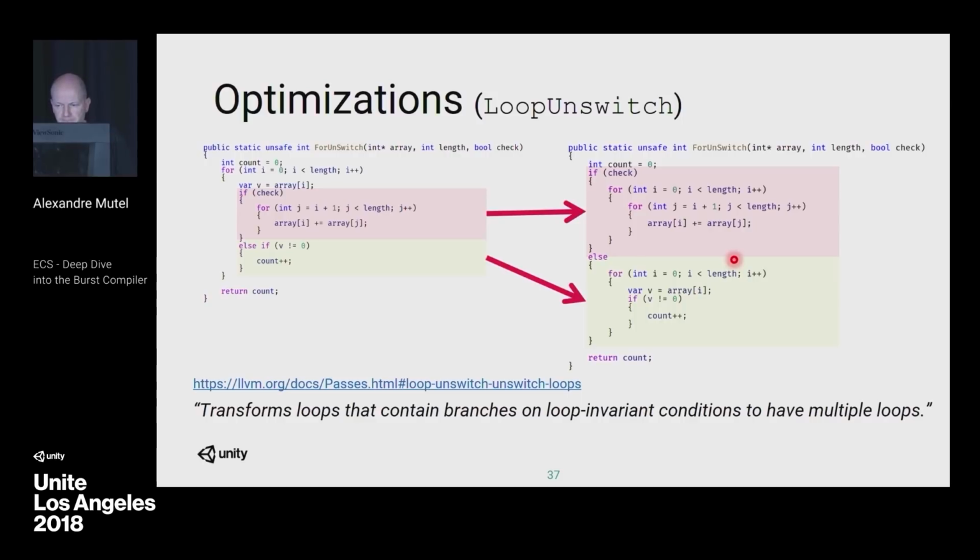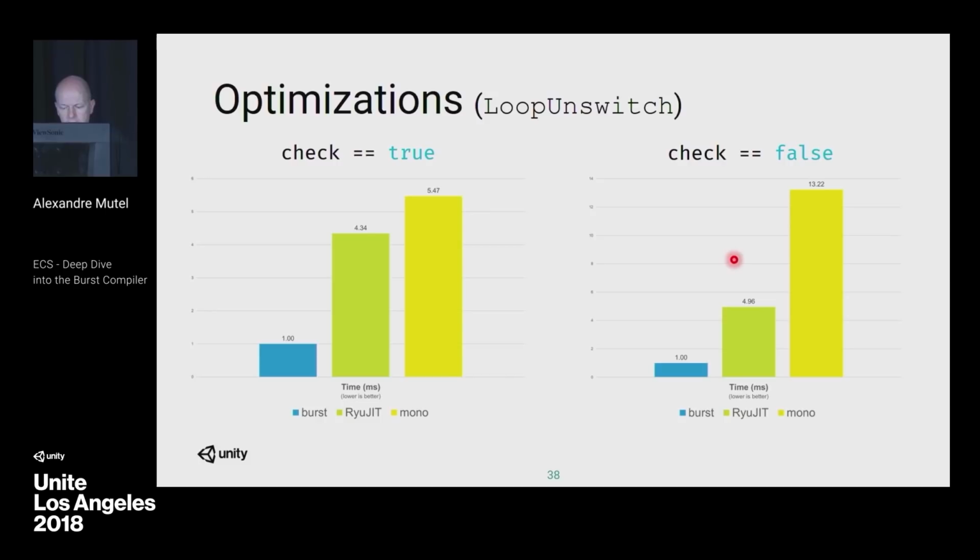Typically, LLVM is able to perform this optimization for you automatically, so you don't need to do it. And so here we start to have a different performance ratio between Burst and RyuJIT, and it's becoming even more staggering with Mono, 13 times, I think.